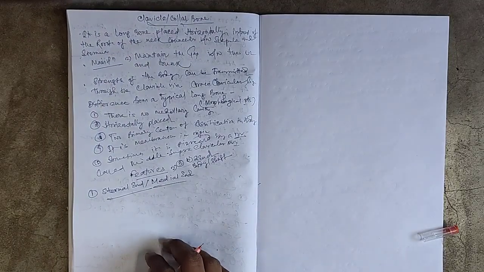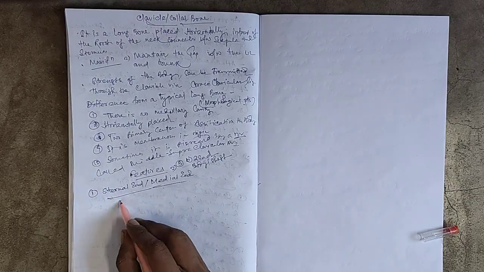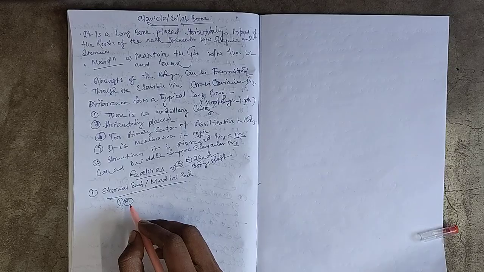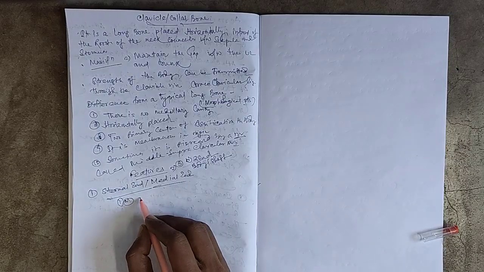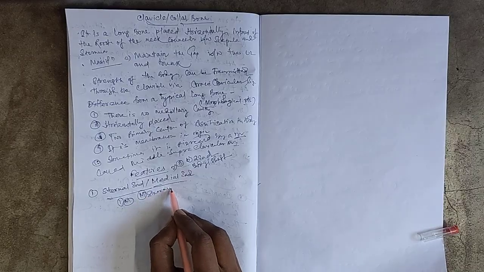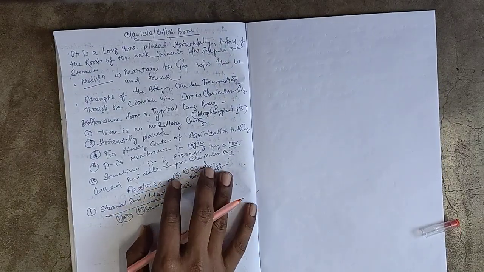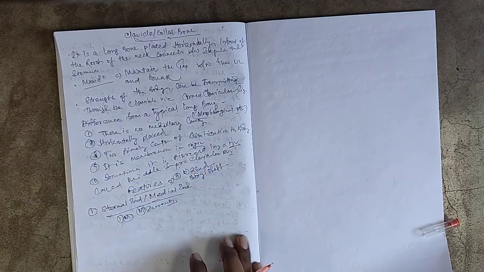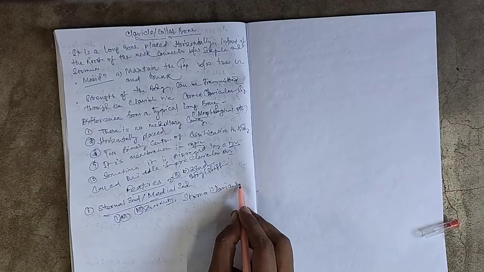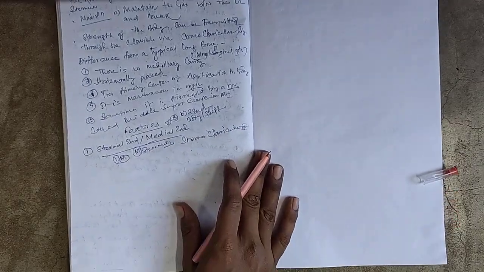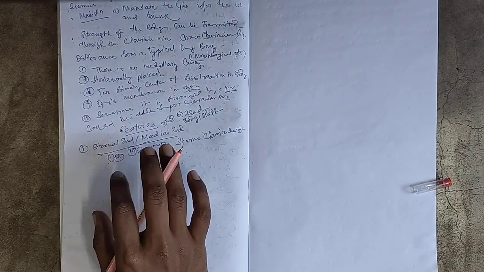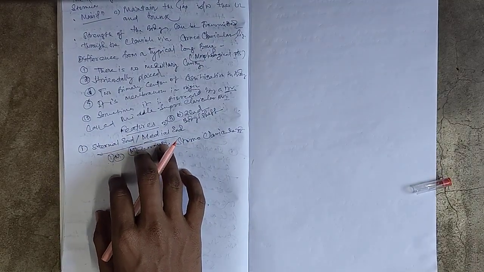It is more or less rounded and directed medially, and it articulates with the manubrium of the sternum, forming the sternoclavicular joint. So what joint is formed here? Sternoclavicular joint. For that, this end is also called the sternal end or medial end.